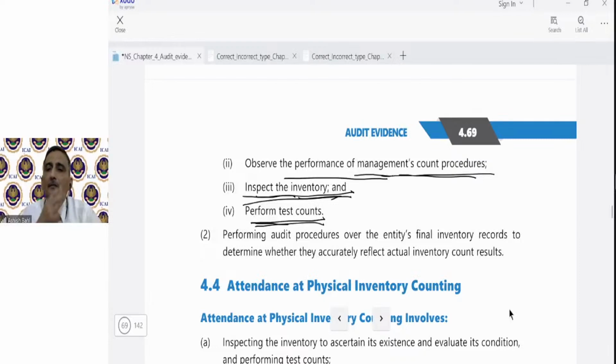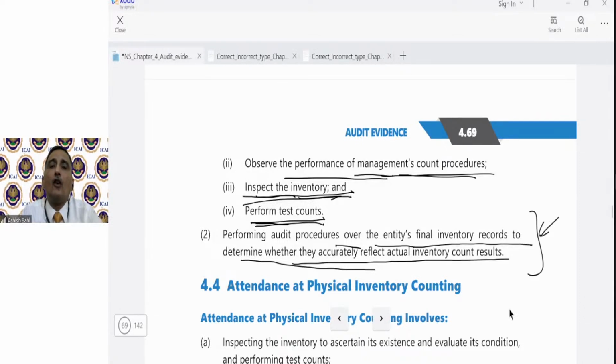Okay. And performing audit procedures over the entity's final inventory records. What he would also verify is the company's inventory records, that what he has attended at the physical count process, whether the same reconciles with the company's inventory records.